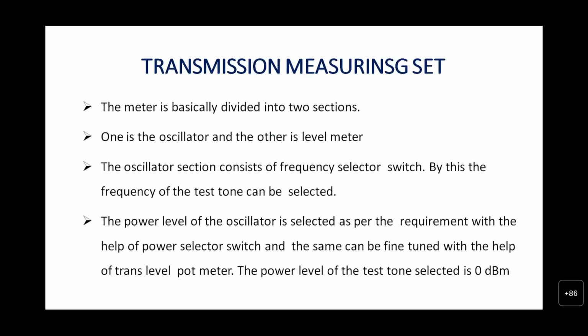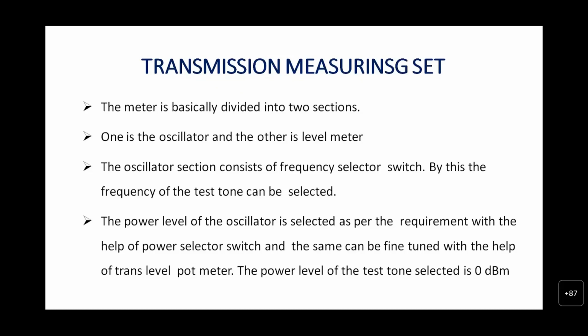Transmission measuring set, it is the TMS kit. It is generally called that in our day-to-day usage. The meter is basically divided into two sections. One is oscillator and the other one is level meter. The oscillator section consists of a frequency selector.